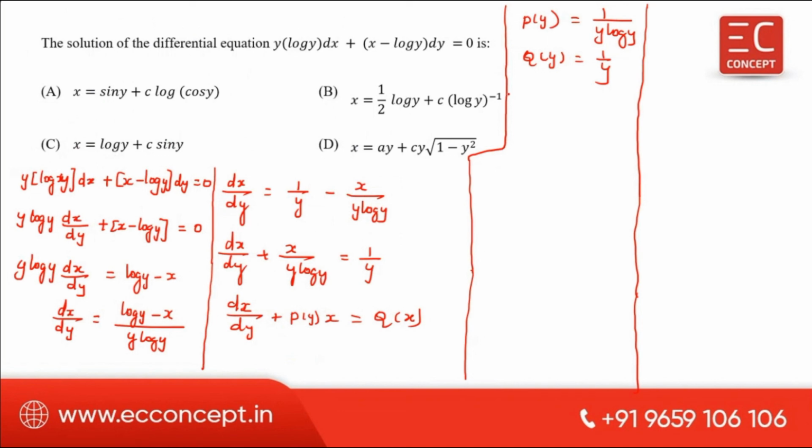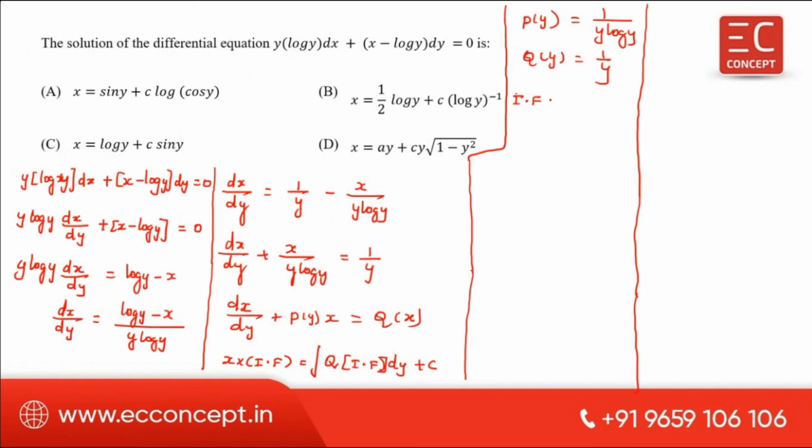First of all, we have to calculate the integrating factor. The solution of this is x into integrating factor, which is equal to integral of q into integrating factor into dy plus constant of integration.